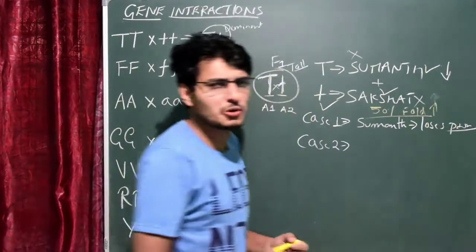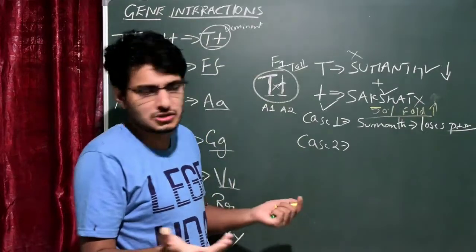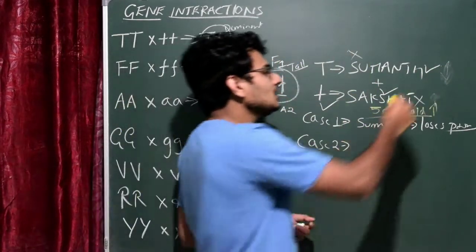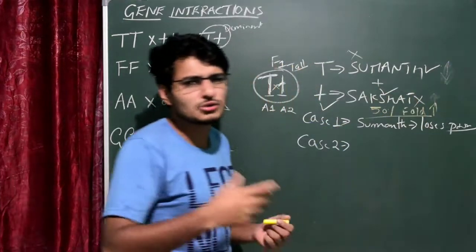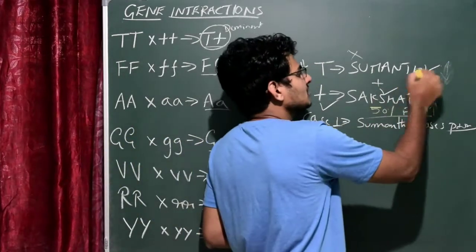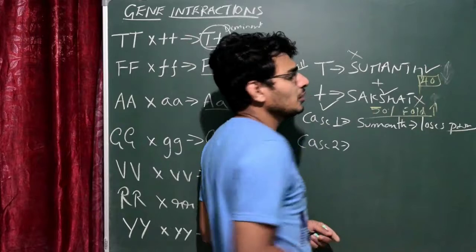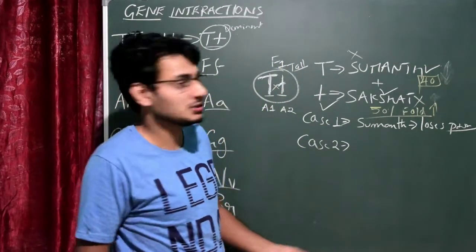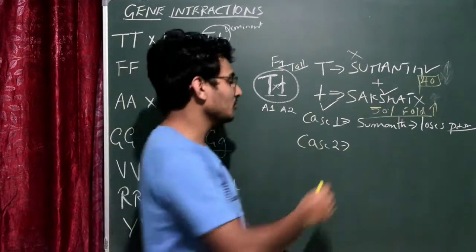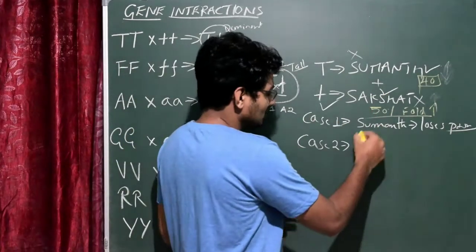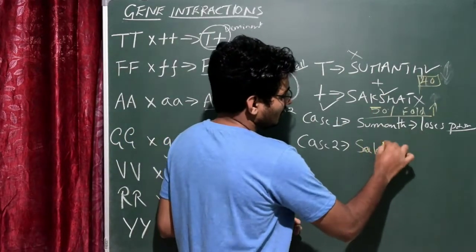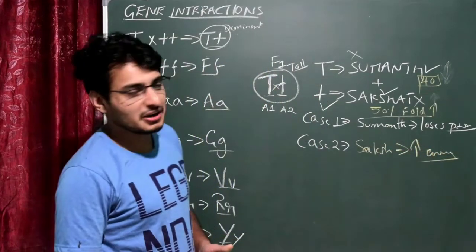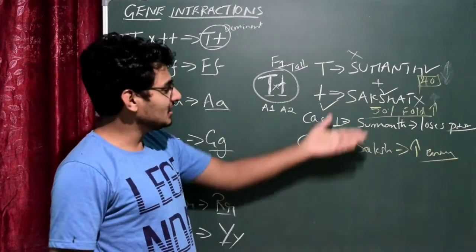The recessive gene is producing double enzymes or maybe proteins. Then the capital T or Sumant does not lose his energy. His energy level remains as it is. Let us consider his energy level is 40, the normal energy level. But in this case, Sakshat increased his energy. That is unexpected actually. As a result, he becomes stronger. Now that is actually the case number 1. Case number 2, the Sakshat increases his energy, and as a result, Sakshat is dominant over the Sumant. That's it actually, got it.